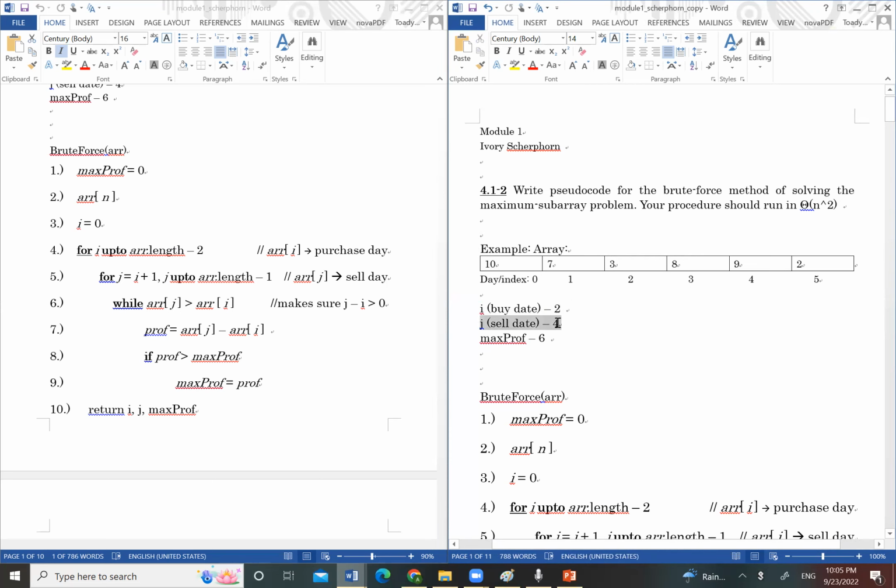And J is my sell day. The sell day has to be 1 day after the buy day. And again, it's embedded in the loop with index I. If we were to run my program, it would return 4, or index 4, which would be the value 9.